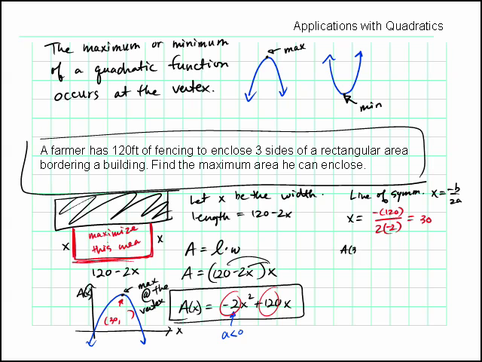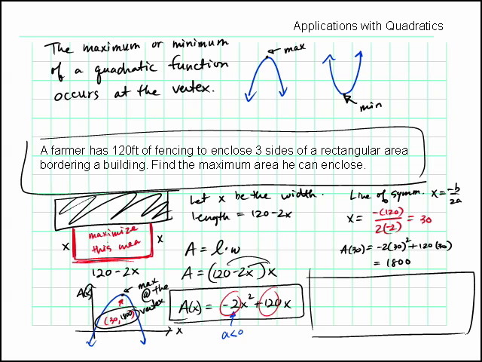A of 30 is equal to negative 2 times 30 squared plus 120 times 30. And if we simplify that, we get an area of 1,800. And so this right here is 1,800. That's the vertex. And I have found the solution to my problem.